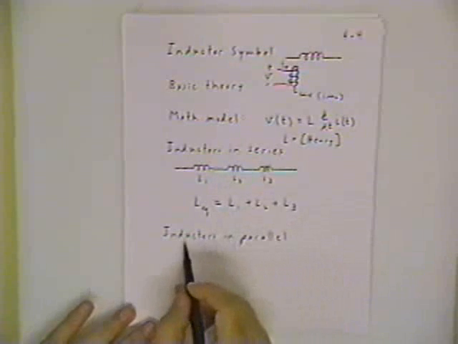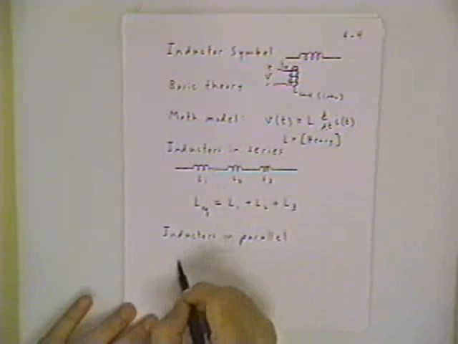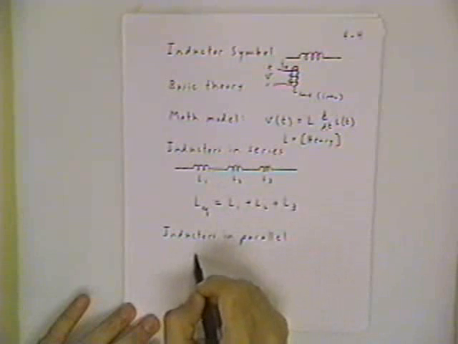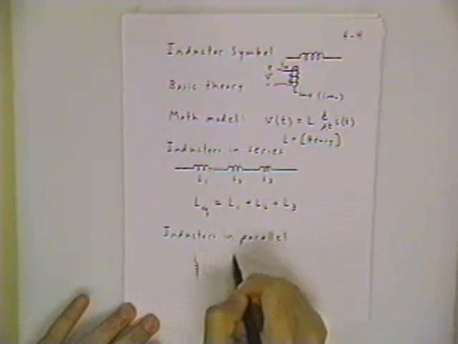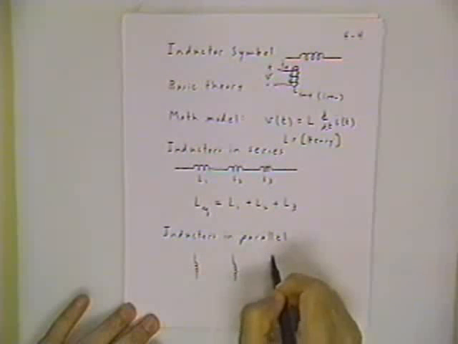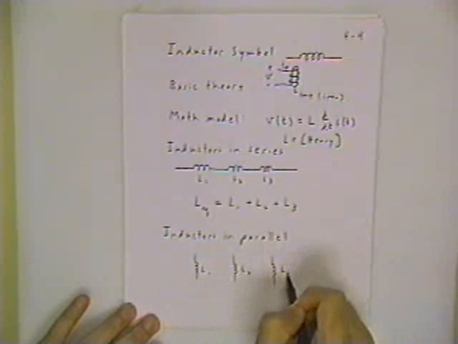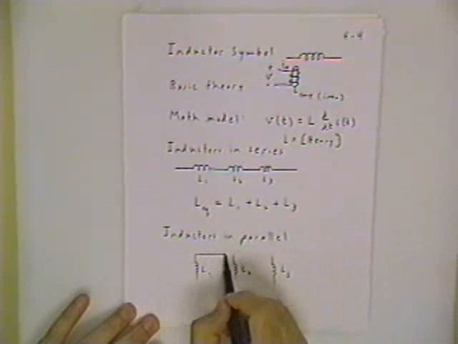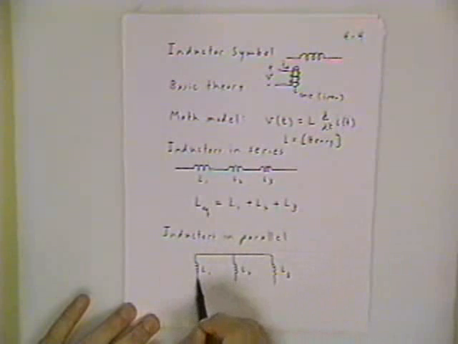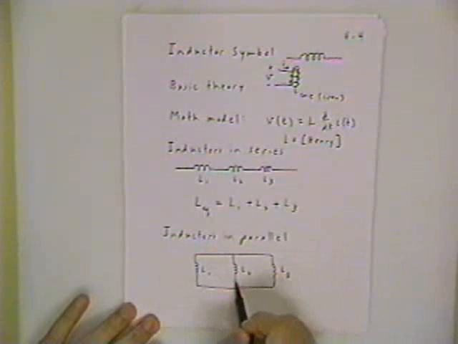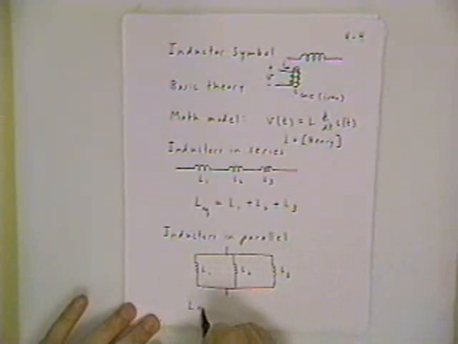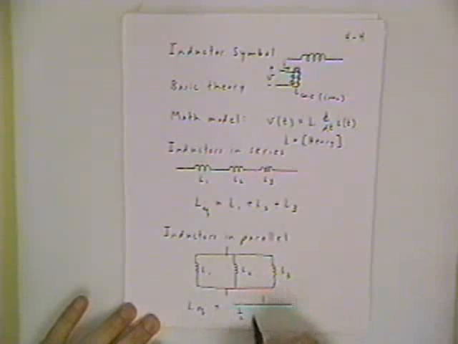Resistors in parallel add according to inverses, and so you should expect inductors in parallel to add the same way. So if I have L1, L2, L3, that's actually an inductor, even though it looks a little bit sloppy. My equivalent inductance here is the inverse of the sum of the inverses.